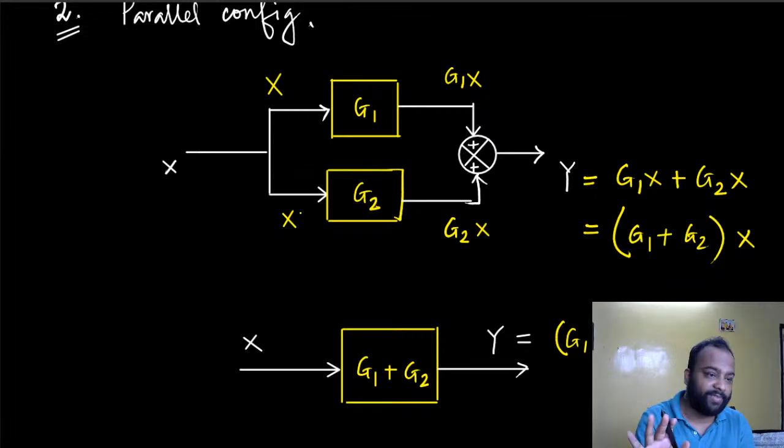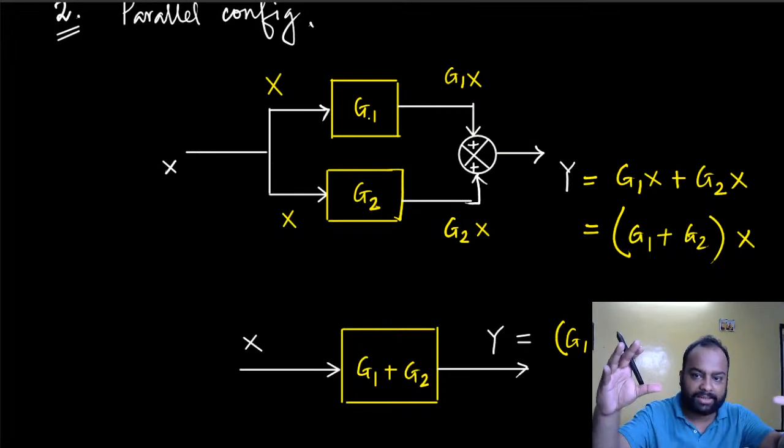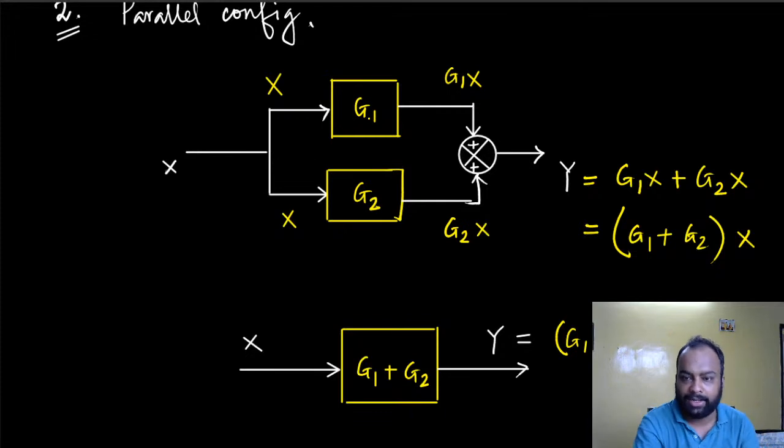Just to be very clear here, we are considering ideal situations. In a non-ideal situation, if these are all analog signals and I divide something like that, the signals will be branched out and the voltage will automatically reduce. But try to understand, we are not feeding power here. This signal X is not feeding power to these systems. If you recall our earlier classes, we had a power system in addition to the entire signal transmission. So these systems, G1 and G2, are being fed with power in addition to these signals.